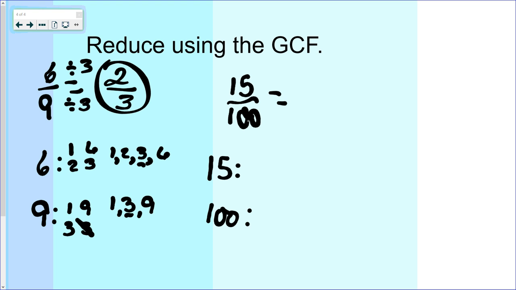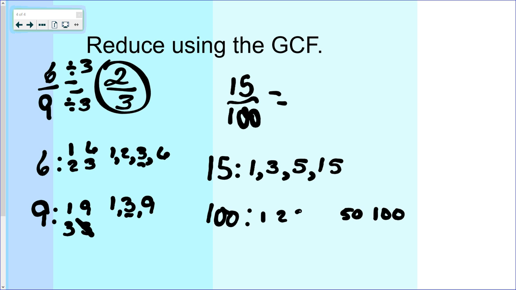Now on the 15 and 100, I know that there's 1 and 15, and I know that there's 3 and 5. So we write those out. Okay, and then we do the 100. I know there's 1 and 100. I know there's 2 and 50.